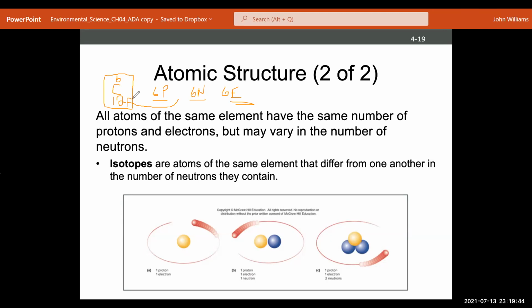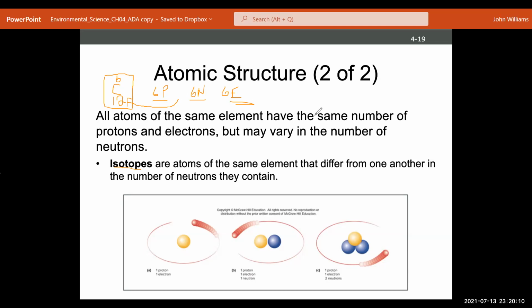What's interesting, though, is that you can get isotopes of atoms that differ from one another in the number of neutrons they contain. For example, the most common carbon atom is carbon-12, a carbon with an atomic mass of 12, so 6 protons and 6 neutrons.